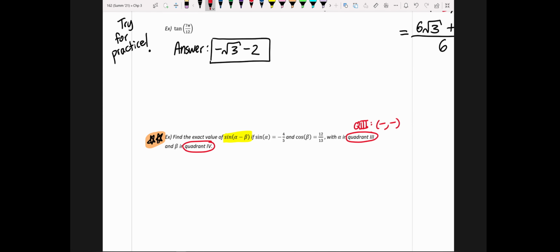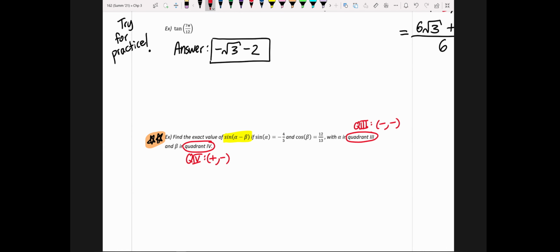Beta being in quadrant 4, let's see, quadrant 4 should be positive, negative. Sine, cosecant, tan, cotan are negative. Cosine and secant are positive. So we can tell by the plus or minus sign.